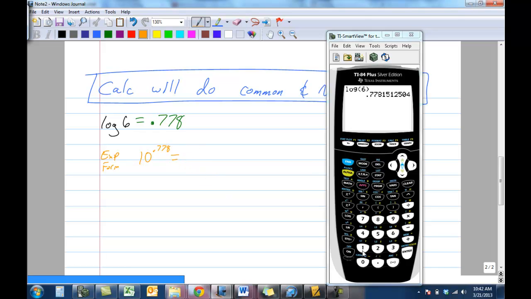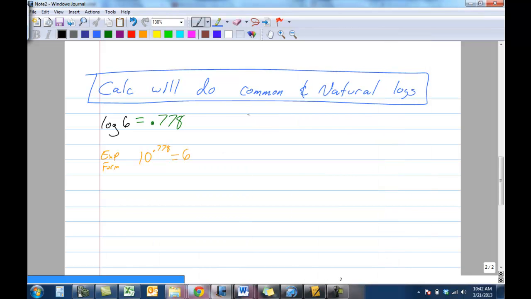Is it 6? Let's see. 10 to the 0.778 is 5.9979. That is really close to 6. See, I won't go and steer you wrong. Don't worry about that. Log base 10, when there's nothing there, there is a base 10. All right, let's try a couple more. Try this yourself. Try the natural log of 8.